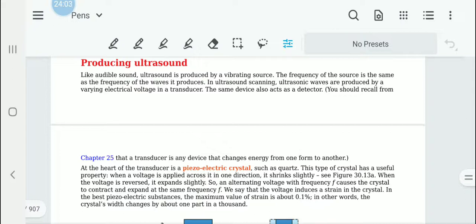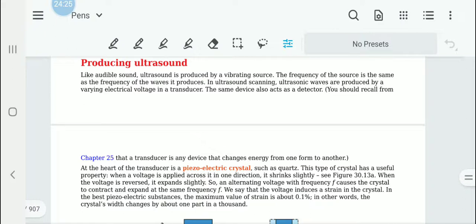In ultrasonic waves, a varying electrical voltage in a transducer produces this pulse. The same device acts as a detector.